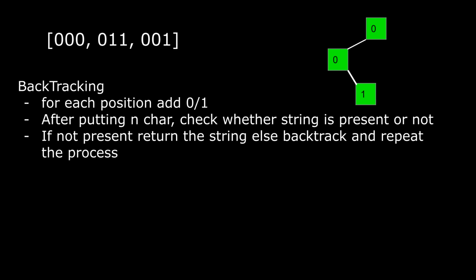Is 001 present? Yes. So we backtrack again, and in the first index we add 0, and in the second index we add 1, and so on, until we get a number that is not present. So this is the result.